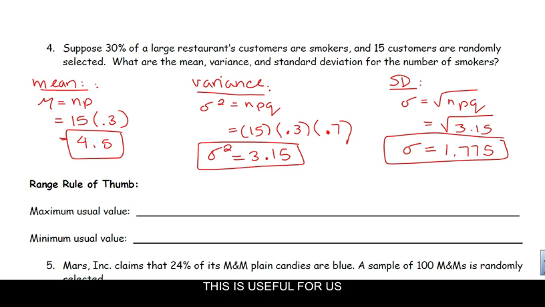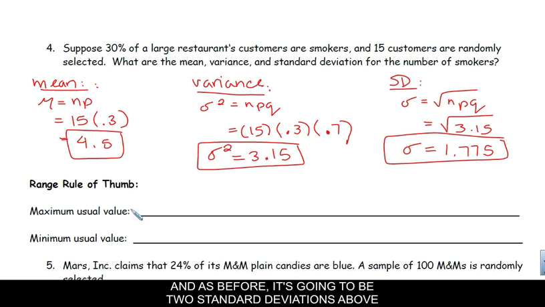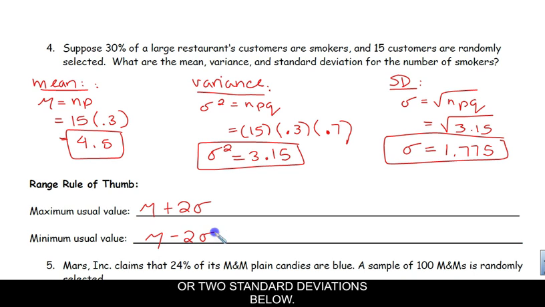This is useful for us because we're finding out typically how many successes we're going to have in our binomial distribution. It also tells us about minimum, usual, and maximum values. So what are we trying to find? What would be unusual in our binomial distribution? And as before, it's going to be 2 standard deviations above or 2 standard deviations below.